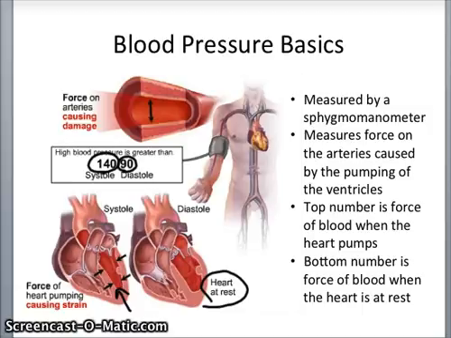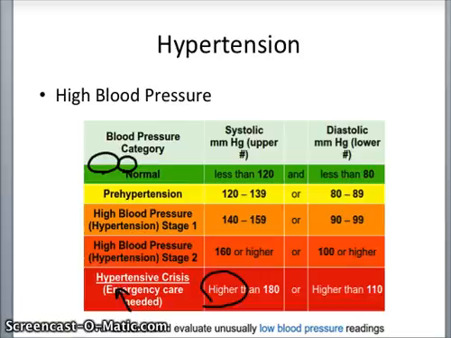All right, so we're just measuring the force on these. This is when it beats. 140 is when it beats. 90 is when it's at rest. So just talking about those blood pressures, 140 over 90 would put you in stage 1 hypertension, almost in stage 2, which just means you have more significant risk of having some kind of heart issue.